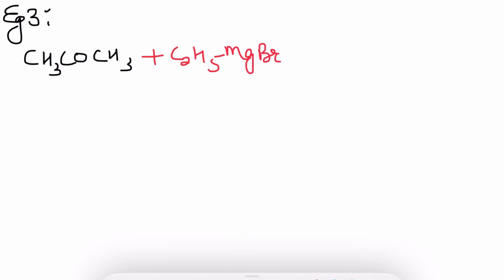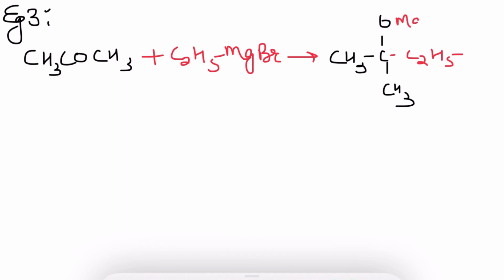Let's take one more example. In this case, we react Grignard with a ketone, CH3COCH3, acetone. It undergoes addition reaction with ethyl magnesium bromide, Grignard reagent, to form an addition product. Carbonyl carbon forms a bond with the alkyl part of Grignard, and carbonyl oxygen forms a bond with the magnesium bromide part.